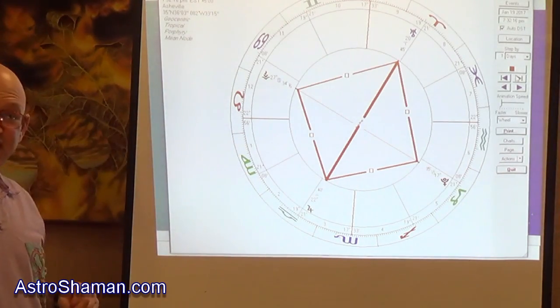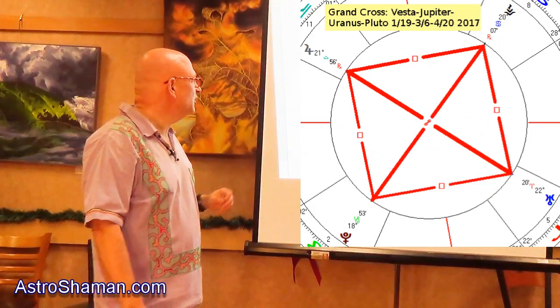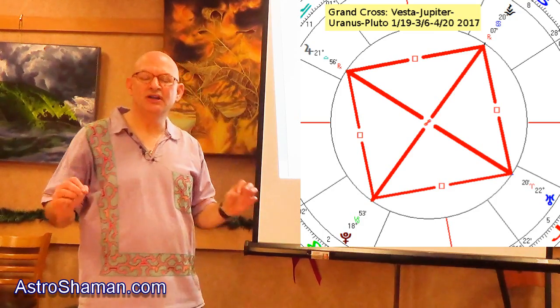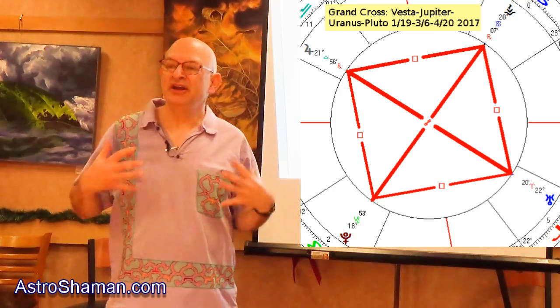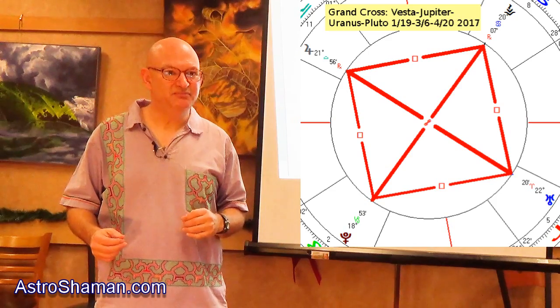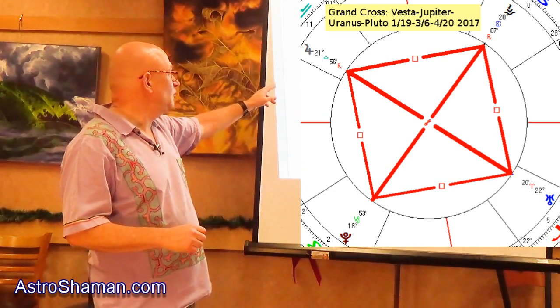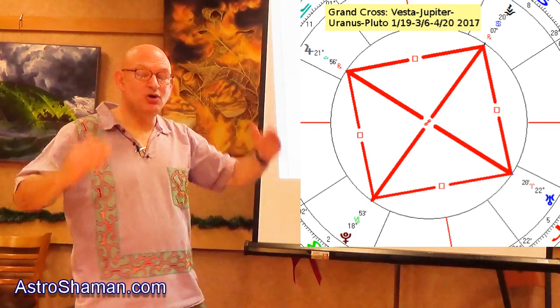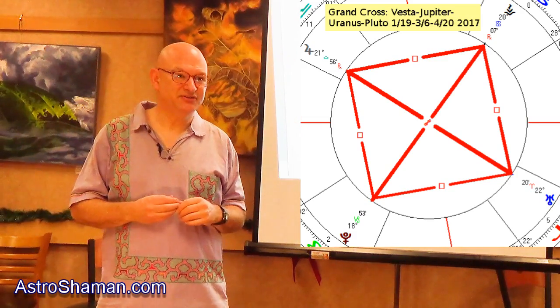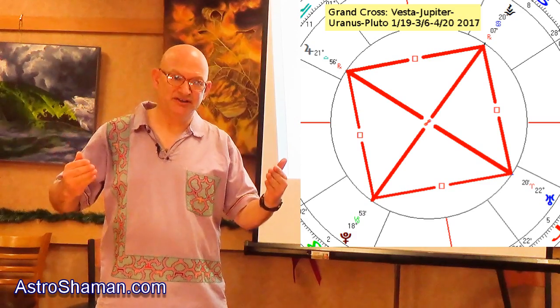So what does Vesta add to the party? The way I interpret Vesta, level 1 is working on yourself, kind of like an athlete would train. Make yourself a finely honed instrument for what you do. Then, once you're a finely honed instrument, Vesta is about going out to a level of service to the collective, okay? Serving a higher cause.